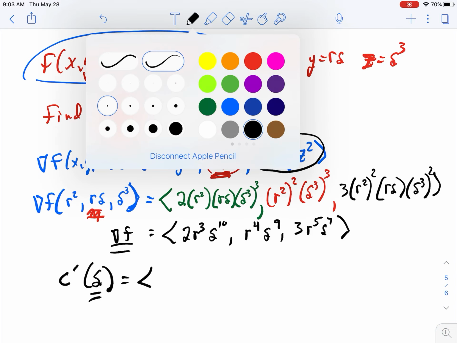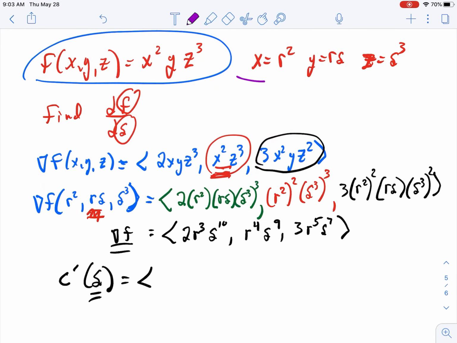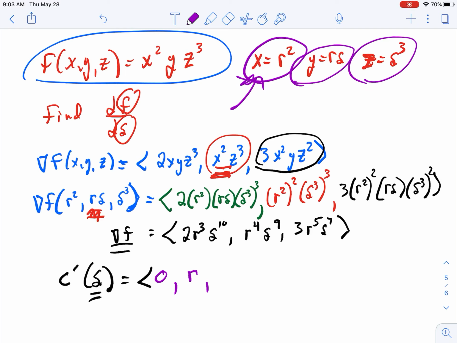So going through the derivative of this, the derivative of this, there is no s there, so the derivative of that would be 0. Now the derivative of this piece here, there is an s now, and there's only one, so that would be just r.